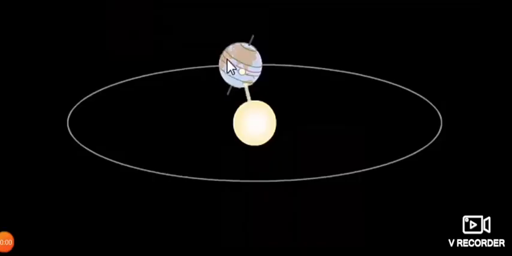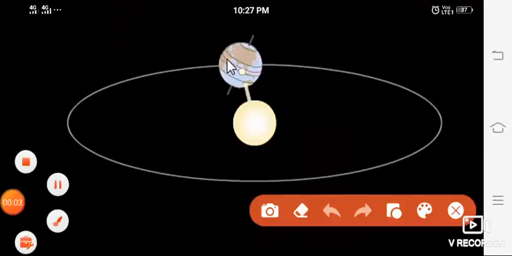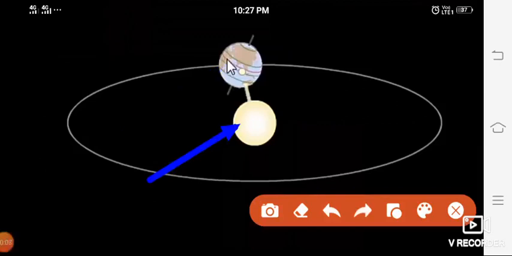Okay, so now we can see the sun is at the center and the earth is revolving around the sun, yes or no? So now you just look at the earth. If you see, then the northern hemisphere, that is this part, is somewhat closer to the sun, yes or no?